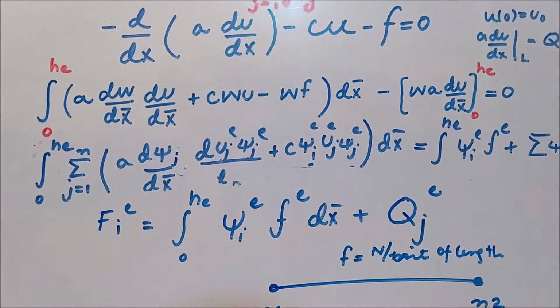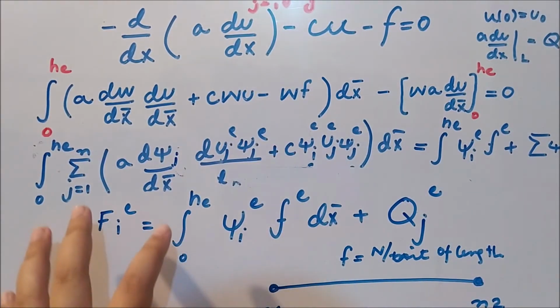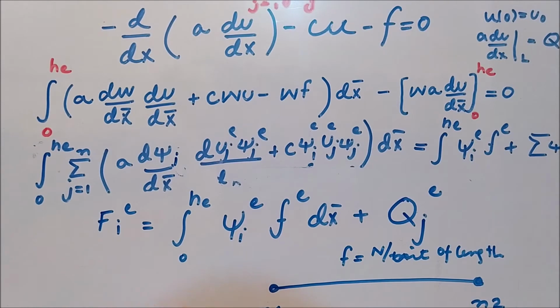If the small f is a distributed force, its unit would be newtons per unit length of an element. We are in the second step of deriving an element level equation. In this step, we have to transform this continuous load into discrete loads, because our system of equations in the finite element method is discrete and not continuous.